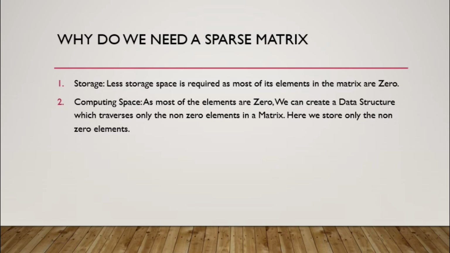The next question is, why do we require a sparse matrix, or what is the need of a sparse matrix? There are two main advantages. One is storage: less storage is required, because most of its elements are zero, as we have already seen.